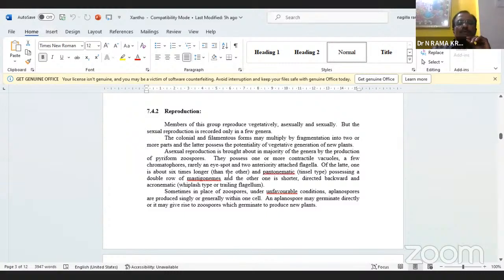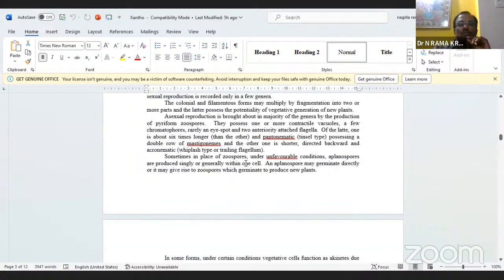So the next one, asexual reproduction system, is by zoospores. You already know zoospores very well. Sometimes, under unfavorable conditions, a modified version of this forms, the aplanospores.